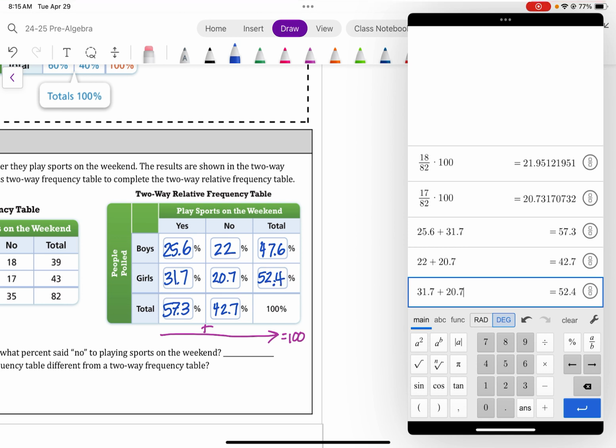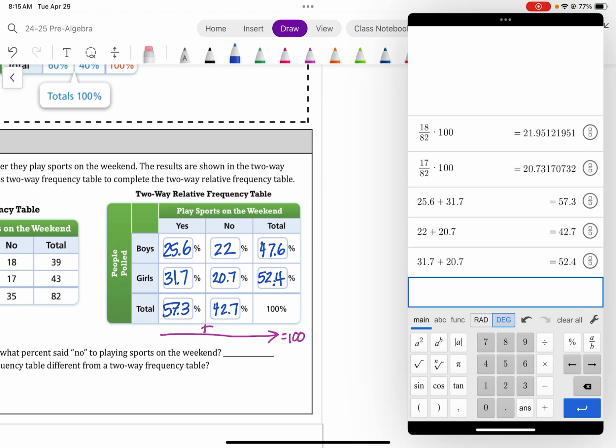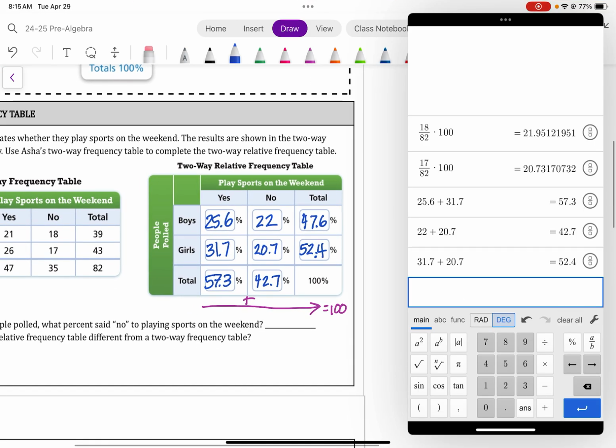And if we add those totals in our total column, 47.6 is how many boys were in the survey, 52.4 represents the girls in the survey, we get 100%. So we know we've filled this in correctly.